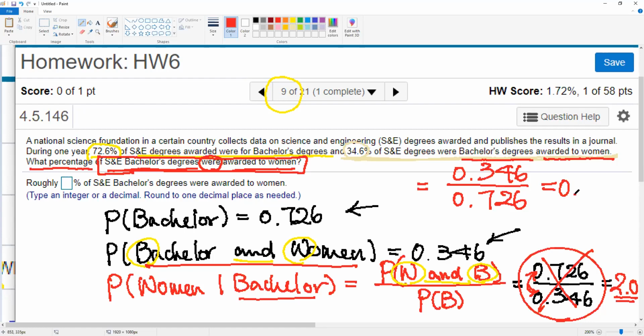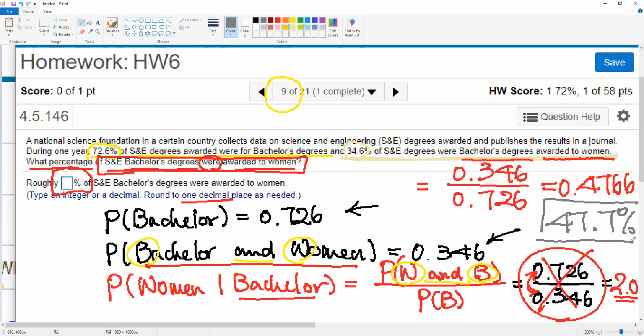Then the answer will be 0.4766. How many decimals? Only 1 decimal, and that is the percentage. So the answer will be 47.7%. Can you take the rounding to get the percentage?